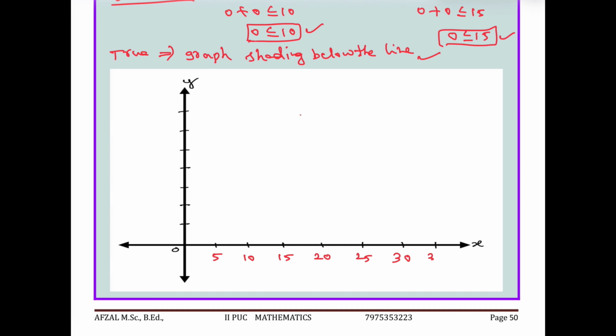If true, it means the graph shading is below the line.